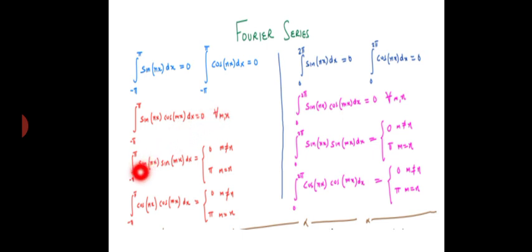And the integral of sin nx into sin mx is equal to 0 for m not equal to n, and is equal to pi for m equal to n. So this Fourier series comes from minus pi to pi, and similarly from 0 to pi the same conditions can be taken. If you are taking from 0 to pi, you take it as pi here.